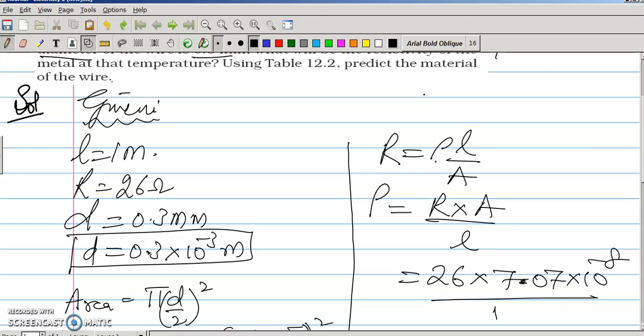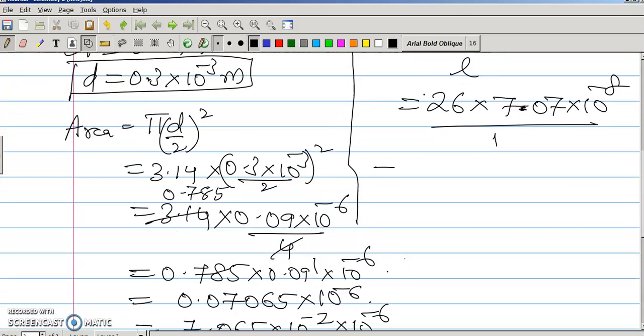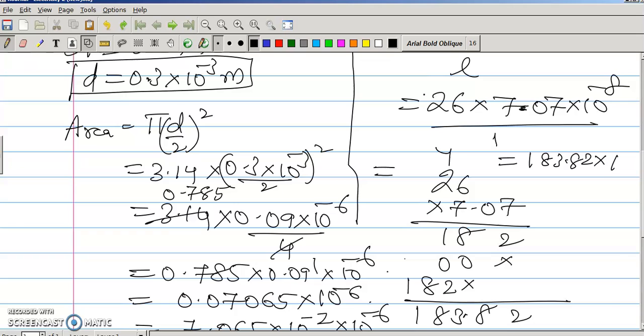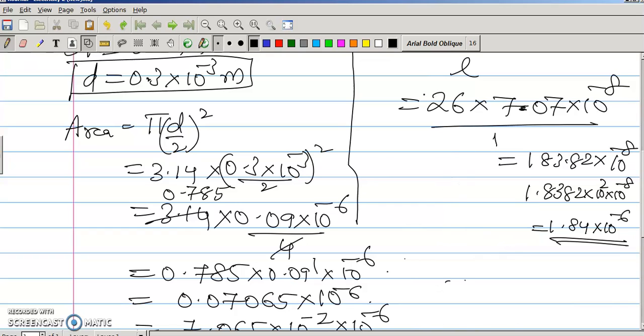When I multiply, I write that value, whatever I got after multiplying. So you get the rho value as 1.84 into 10 power minus 6 ohm meter.